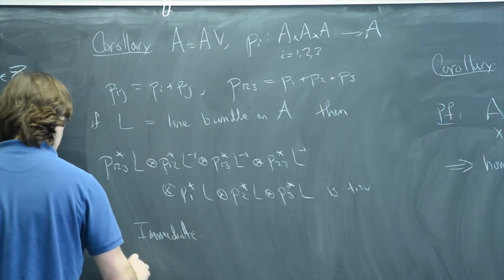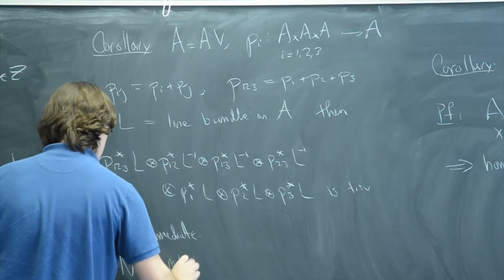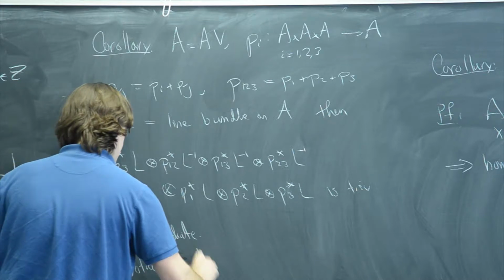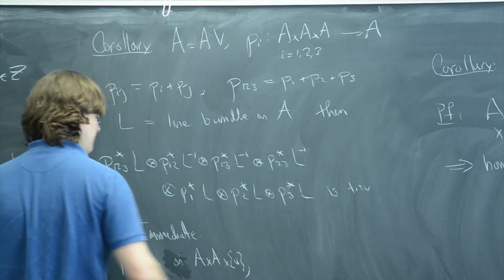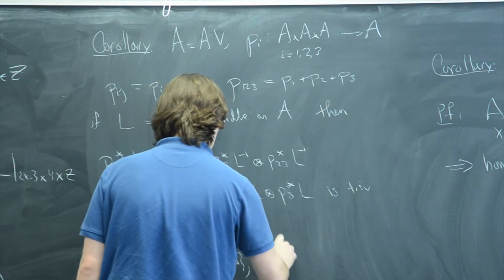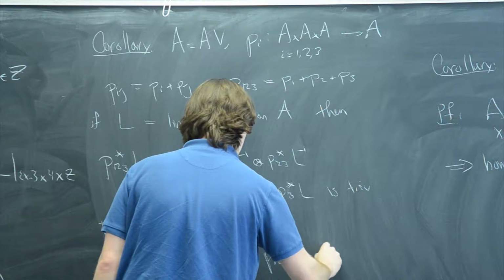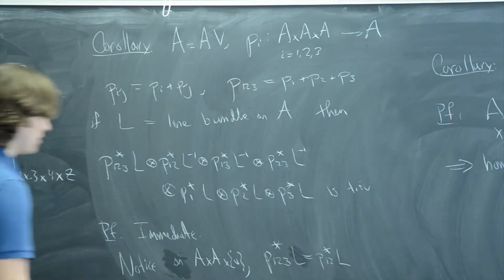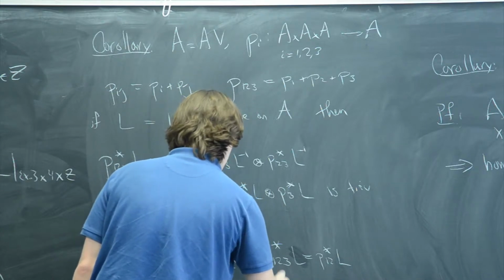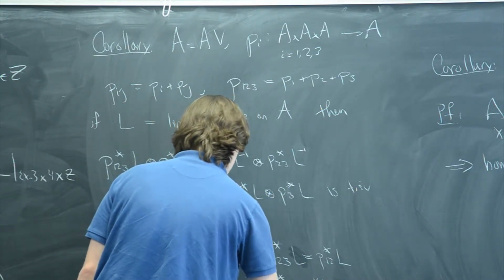So notice that when you restrict to A times A times 0, P123 star L is just equal to P12 star L if we put 0 into the third slot. And P13 star L is just equal to P1 star L. And P3 star L is just trivial.